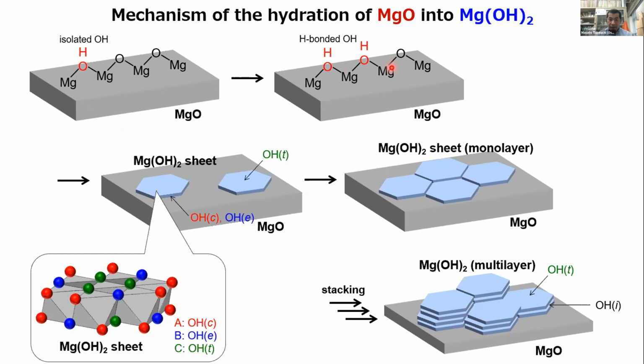Then small Mg(OH)2 sheets are formed and totally cover the MgO surface, like a patchwork. Then Mg(OH)2 sheets are stacked to form multi-layer.